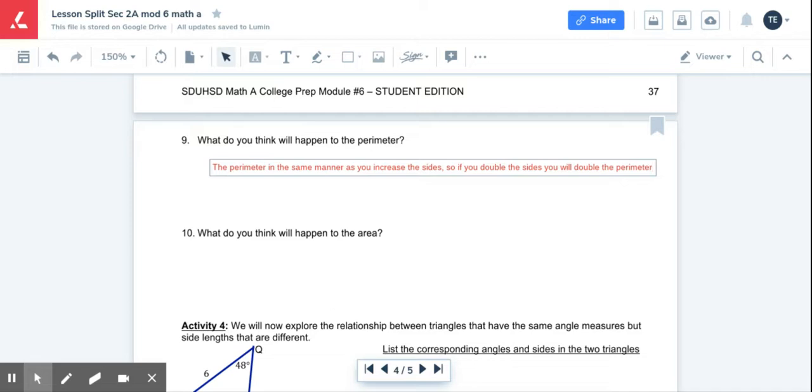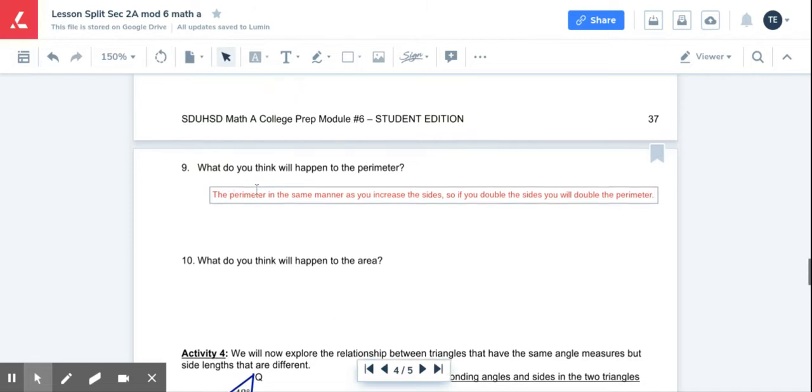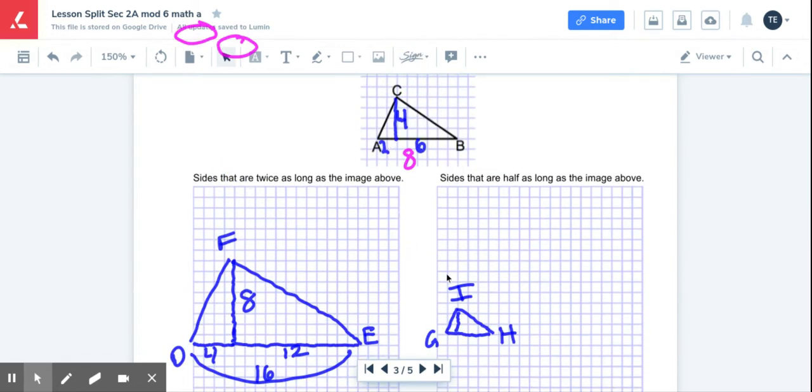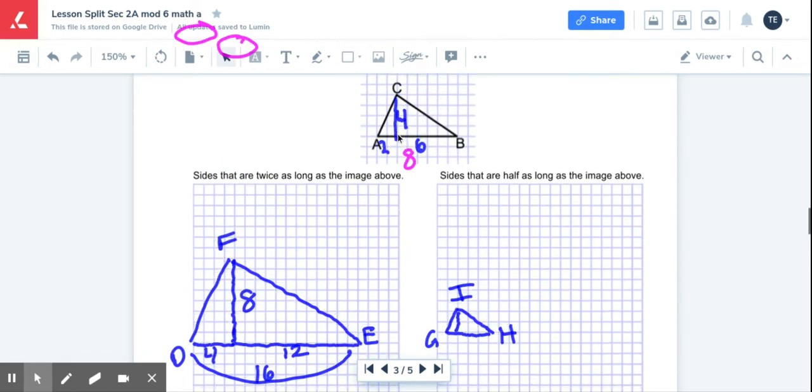But I don't think that the area is going to work in the same type of manner. Because if I look at the second one, when I cut the sides in half, that area is much smaller than half of that triangle.